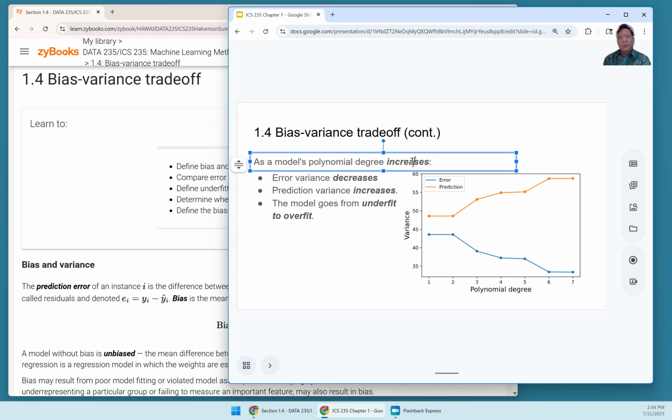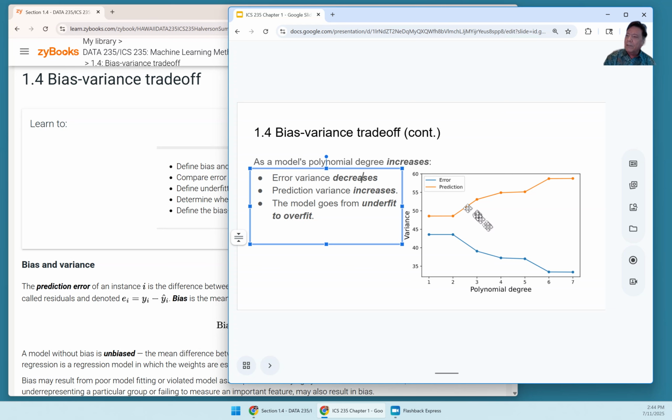It's got more terms. It's got some squares and cubes and fourth power, and so on, higher powers. That's the degree of the polynomial. As you increase the degree of the polynomial, the error variance decreases. Well, that kind of makes sense. It's getting more and more accurate.